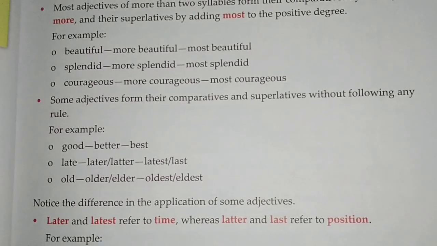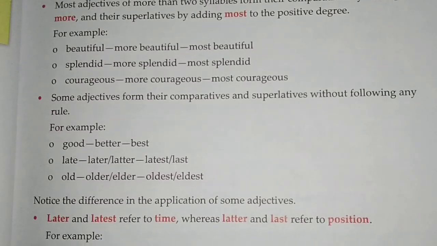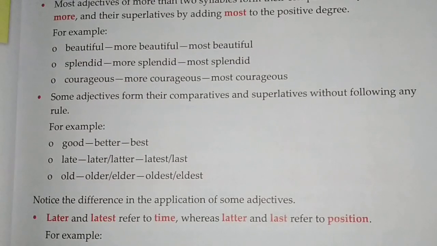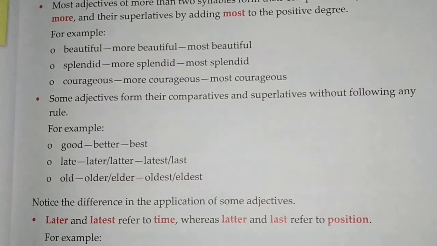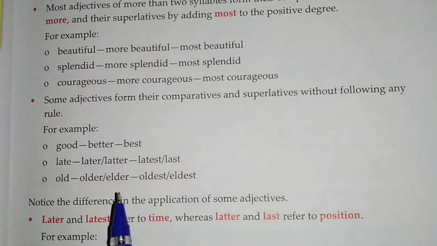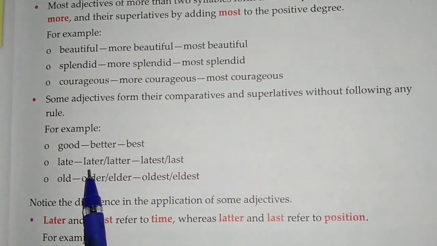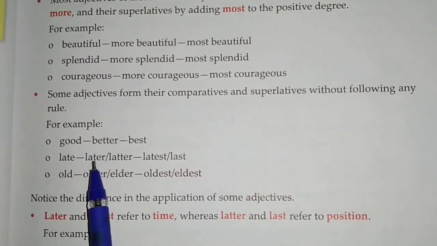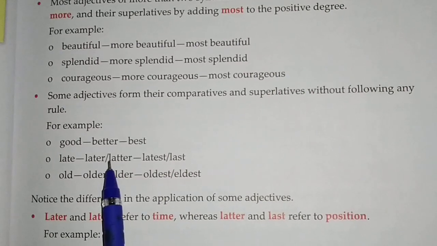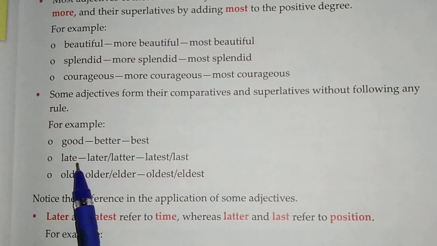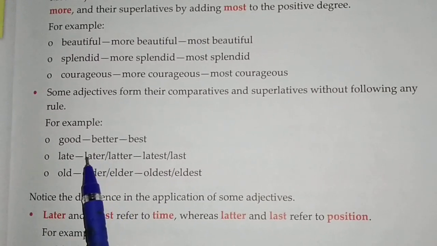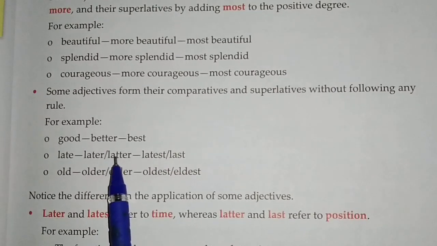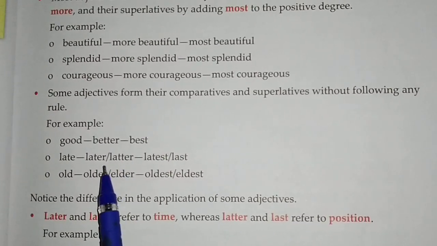Now we will learn the difference between some similar looking words. So let's begin with this only. The words later and latter. These two words are the comparative form of late, but there is a difference in their use and in their meaning.